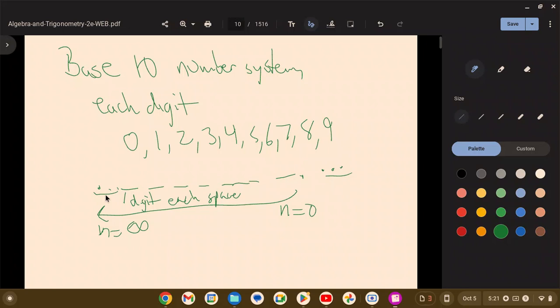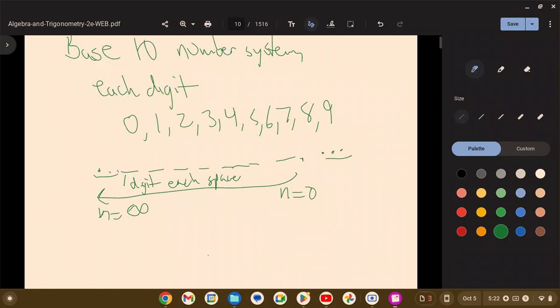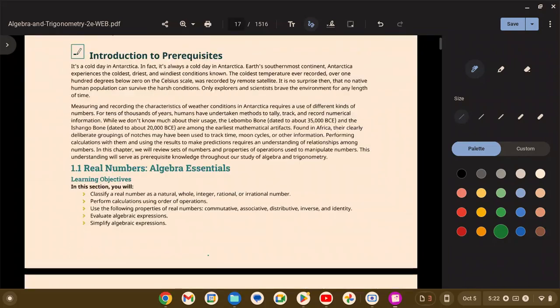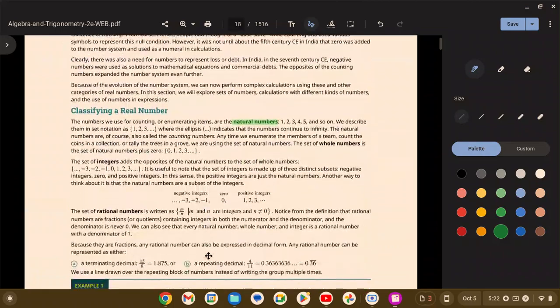Each of these can hold one of these 10 digits. That's the whole basis of algebra. In this one spot, it can be any one of these 10, and in this one spot, any of these 10, and so on. So I just wanted to describe that's the way I was thinking using those numbers.